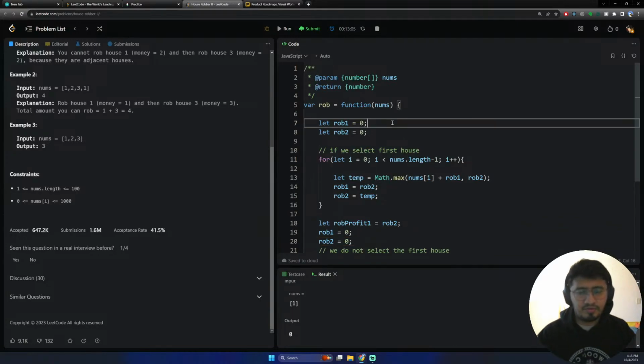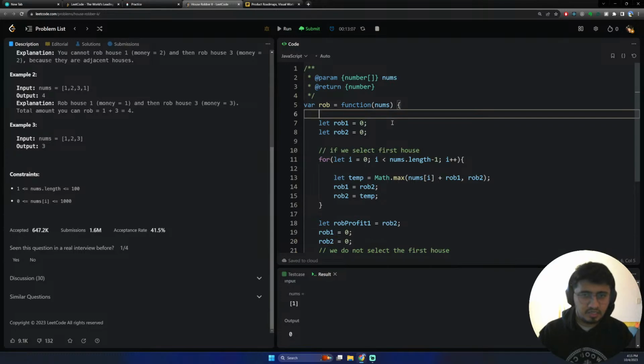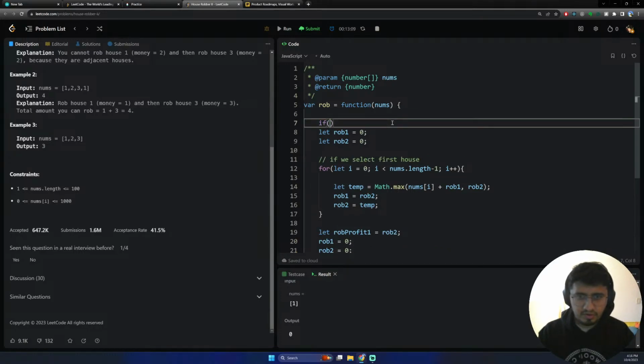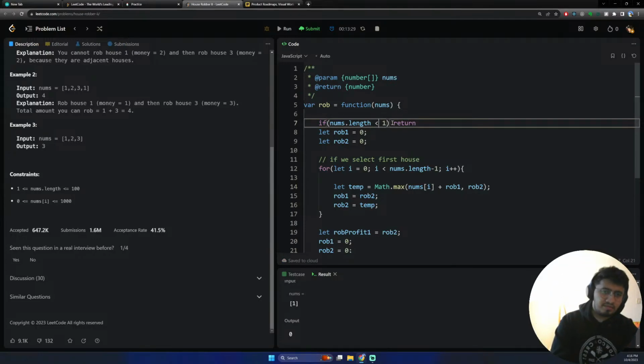What if, okay, so is there an edge case that we need to follow? If nums.length is less than 1, return 0.